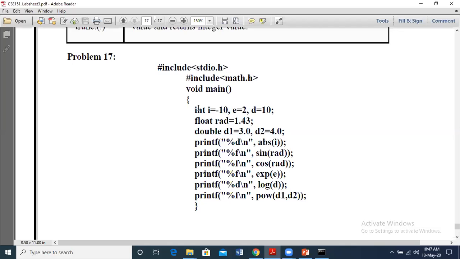Initially we are declaring some integers. I is minus 10, and E we have taken as 2, D equal to 10, and then a floating point radian. For trigonometric functions, we will define radian and initialize it to 1.43, and we have taken two double variables, D1 equal to 3.0, D2 equal to 4.0. Now let us see one by one an illustration.